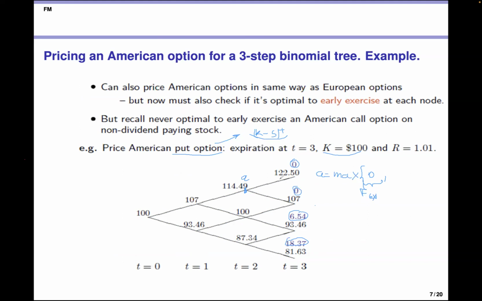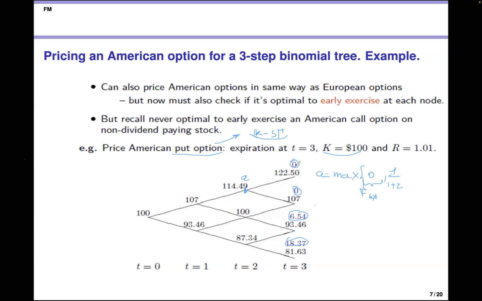If we wait, it will be what? We compute it using the formula given in the previous slides, the discounted mathematical expectation. And what is this value in blue color?